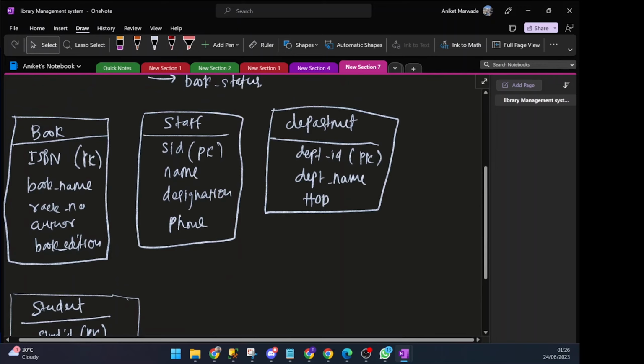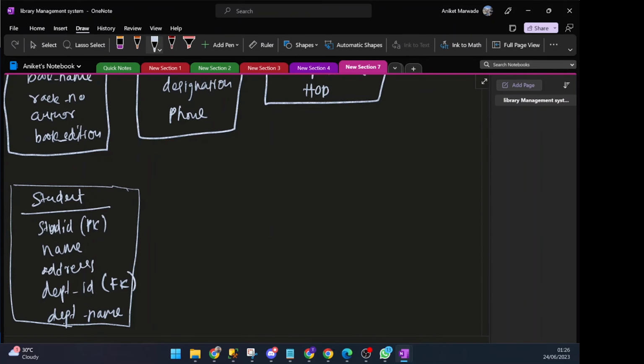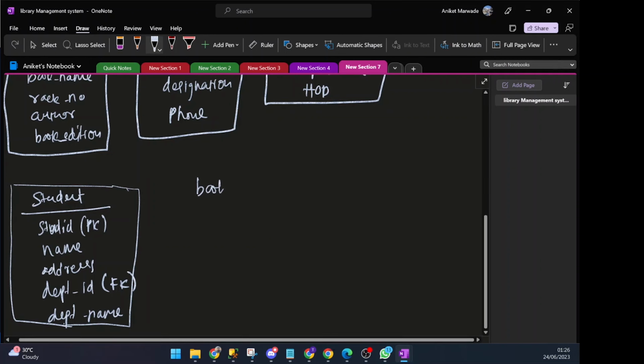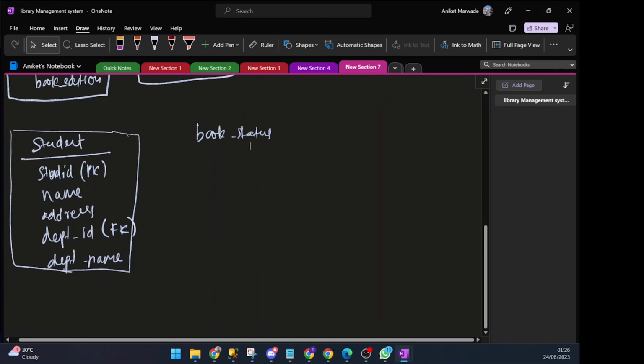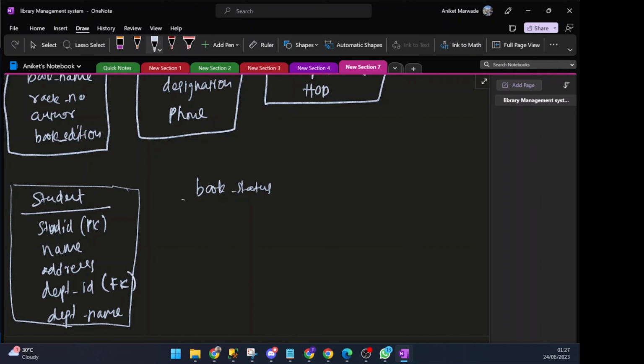Now what table is remaining? The book status is remaining. Let's consider the book status table. So what can we have in the book status table? If someone is issuing a book, we can have issue ID.